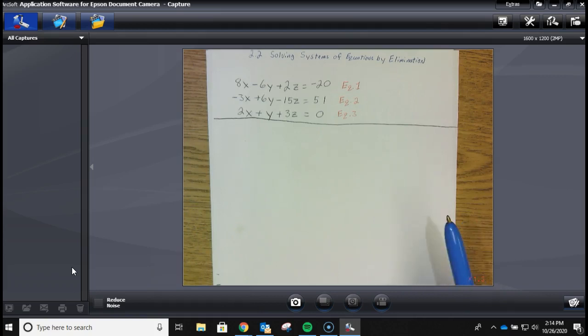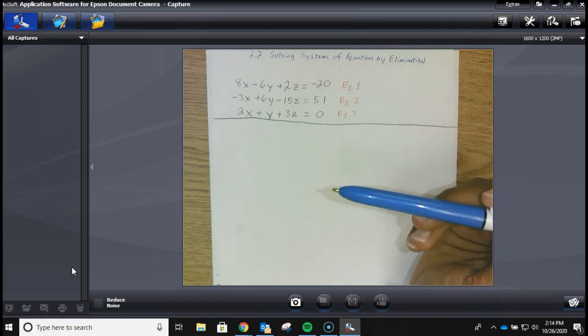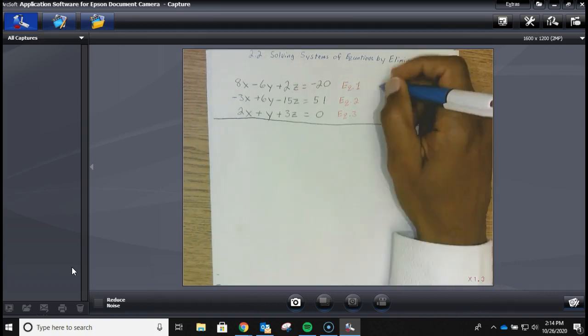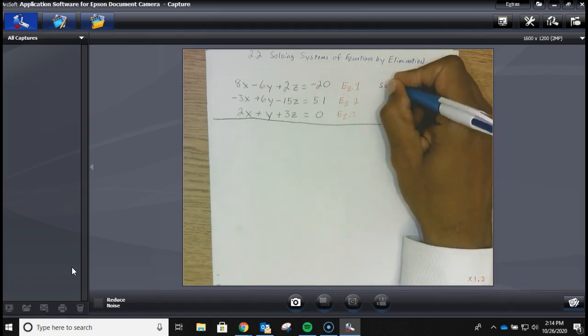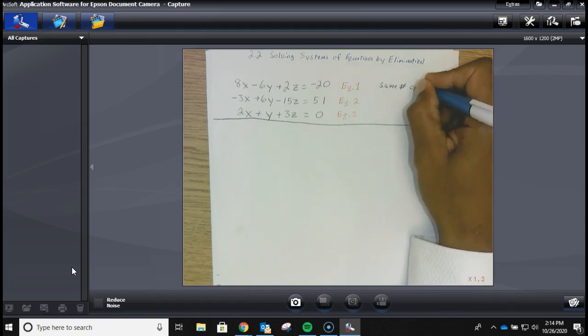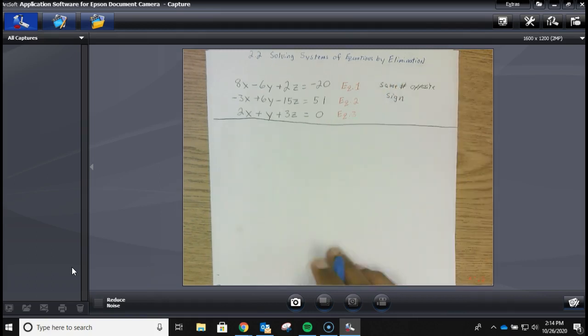So I'm looking at it, and in order to eliminate, you have to have the same number, opposite sign. What do I mean by that?